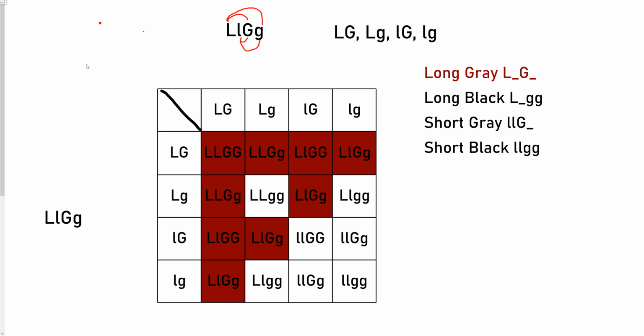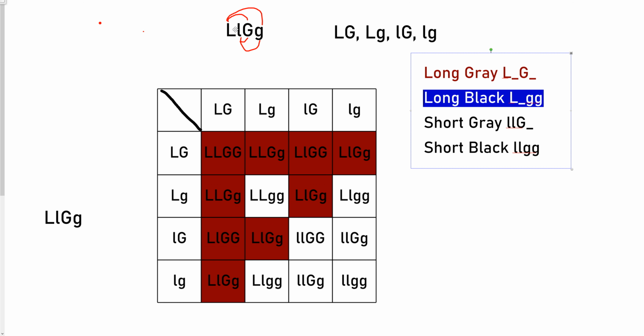So let's move on to the next one. We need a big L and no big G's. I see a couple here. If you cross heterozygotes, you always get all possible phenotypes. So let's do this one in, I don't know, green.